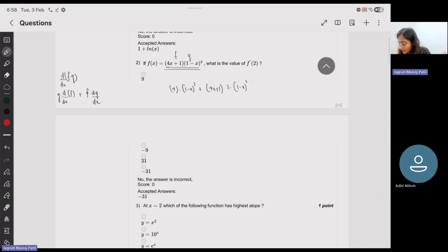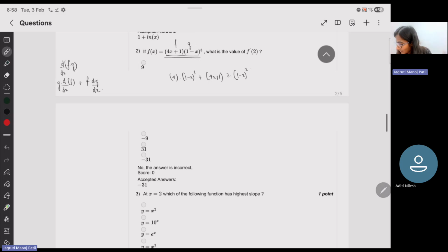Now we want to evaluate f dash of 2, so put 2 here. 4 times (1 minus 2), that's minus 1 whole cube, plus 4 times 2, 8 plus 1, that's 9, times 3, and 1 minus 2 is minus 1, whole square. So this makes it positive, this makes it negative. So minus 4 plus 9 threes are 27. The answer came out to be the opposite.